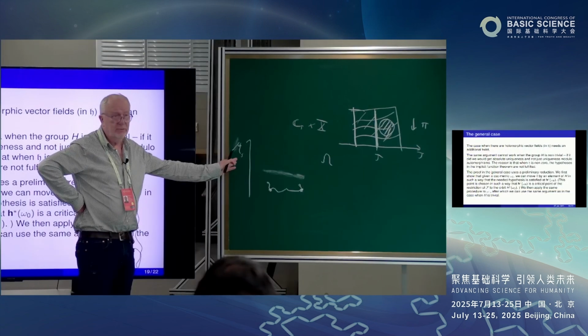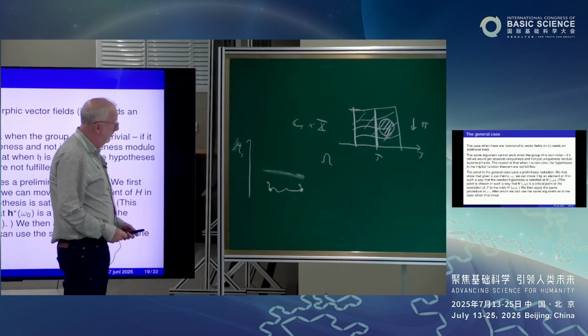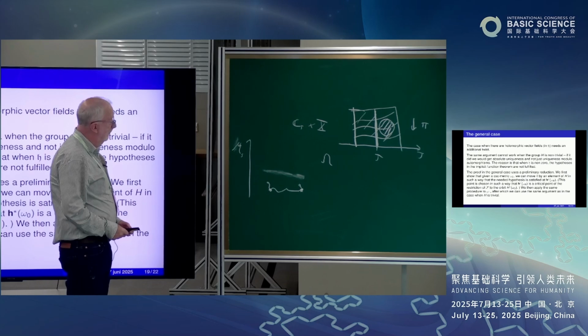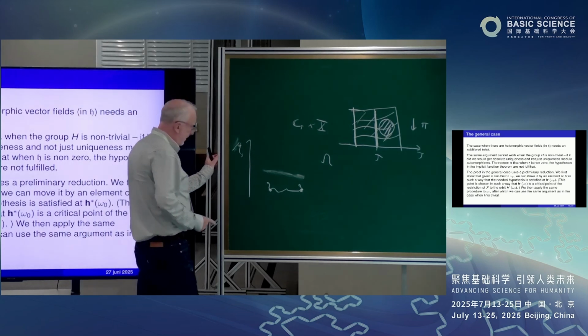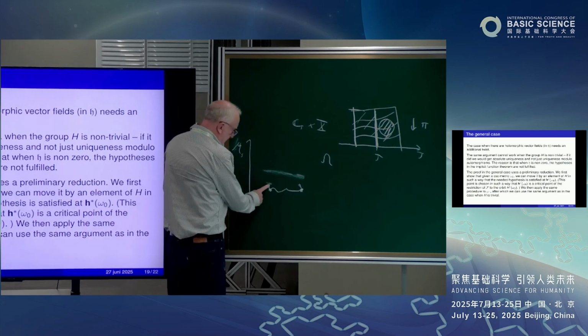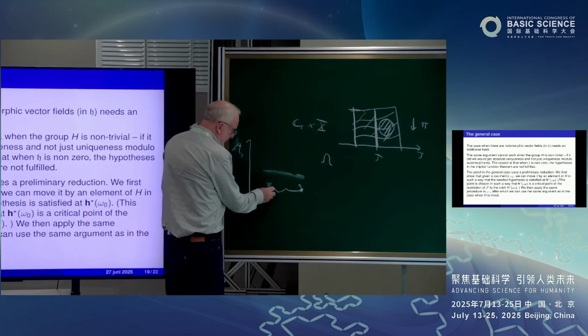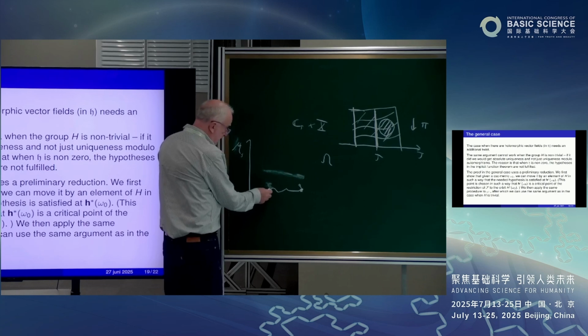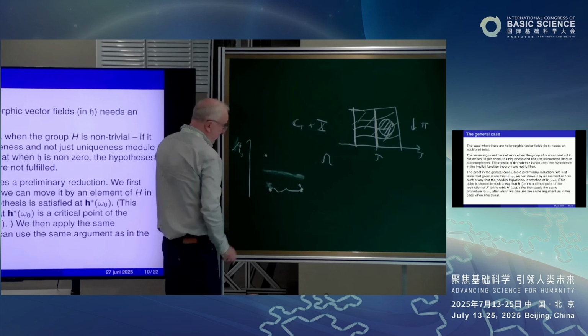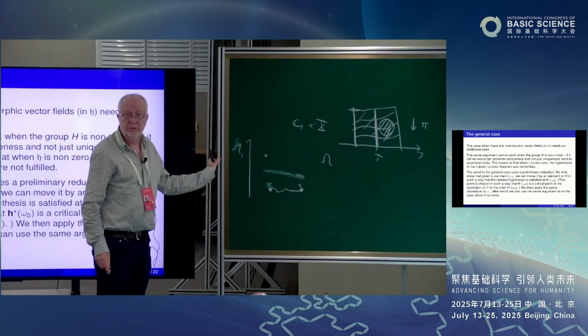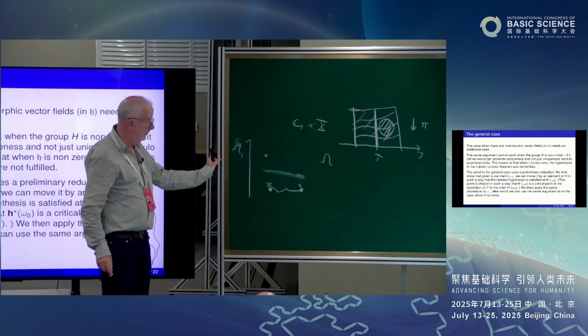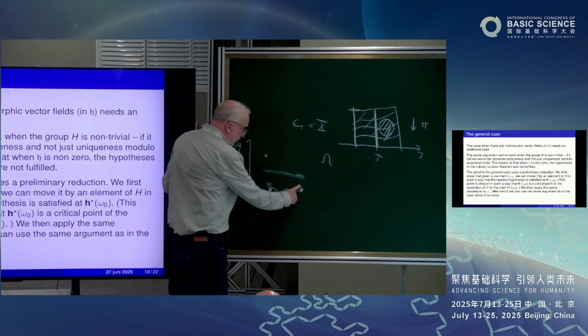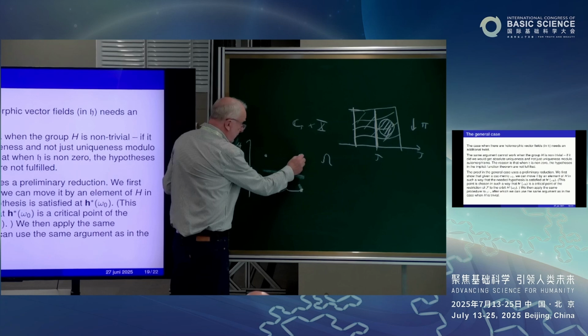The hypotheses for the implicit function theorem are not satisfied. So then there is a preliminary step that says that you can apply an automorphism, you can move this one by an automorphism to another one, such that up there the hypothesis of the implicit function theorem works. And then you move another one, you move this one with another automorphism to there.